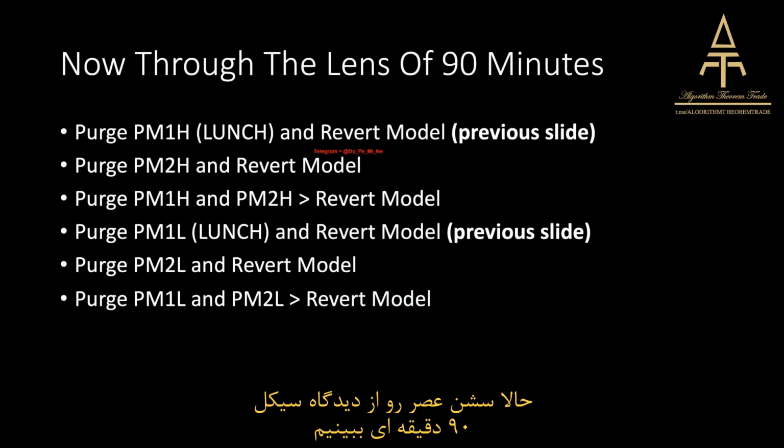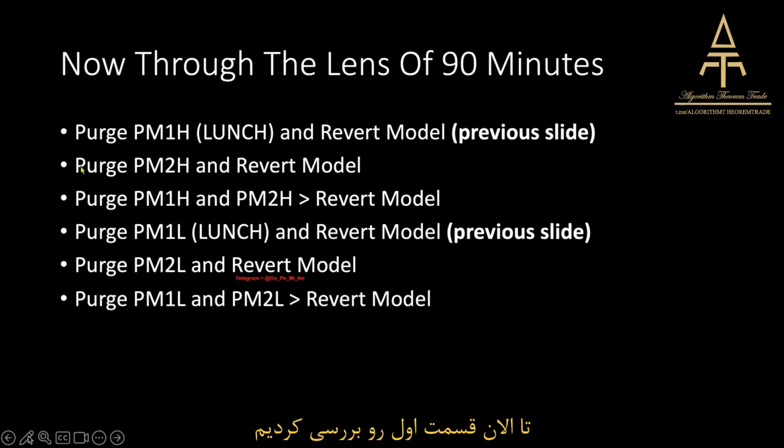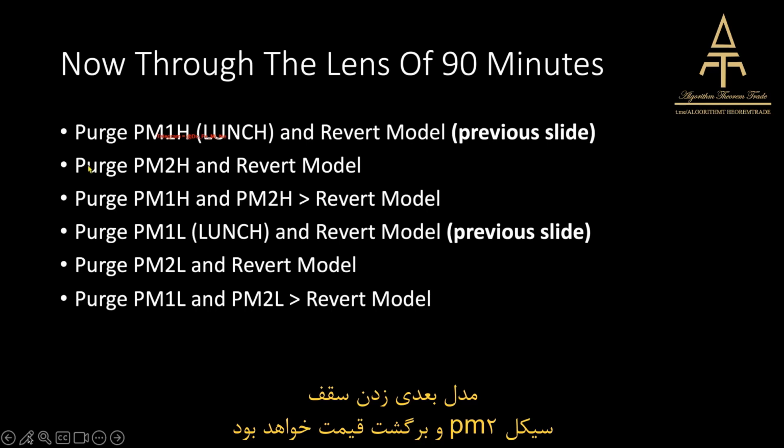So let us now take a look through the lens of 90 minutes at the PM session from a model perspective. We have already taken a look at the first section here, which was a purge of the lunch high and a revert model. This was, I believe, the first slide. Then the second bullet is the purge of the second PM session's high and revert model.